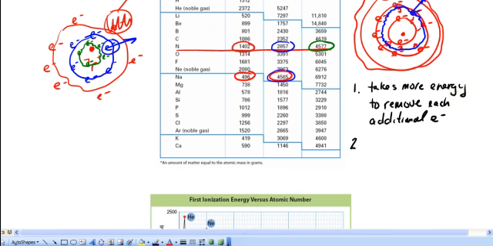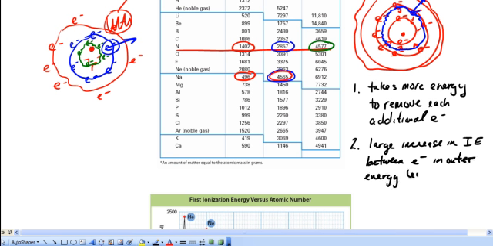Number 2, there's a large jump in ionization energy, or a large increase in ionization energy. I'm going to abbreviate it IE, between electrons in outer energy levels and electrons in the inner energy levels.